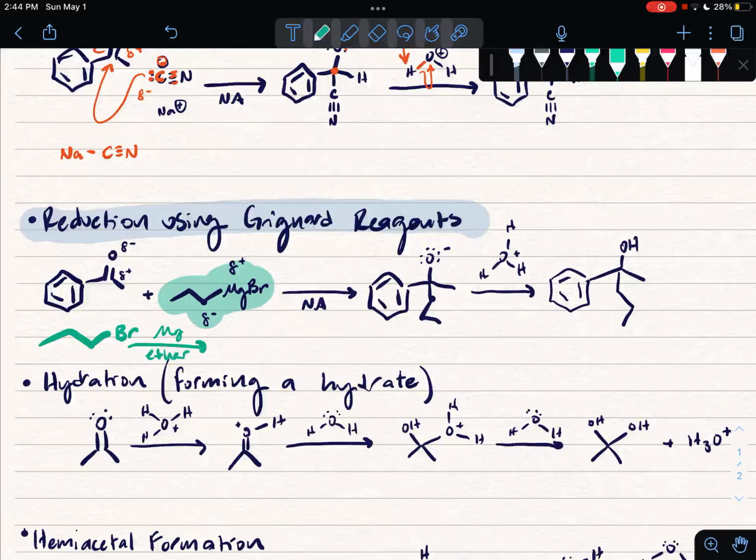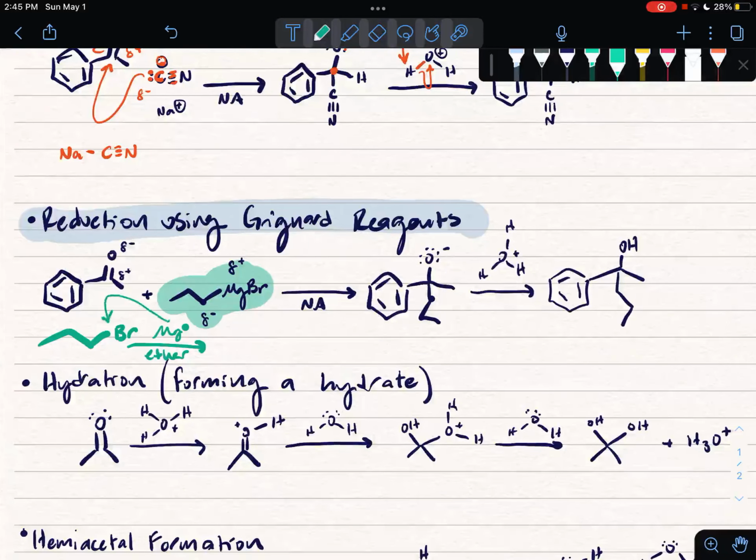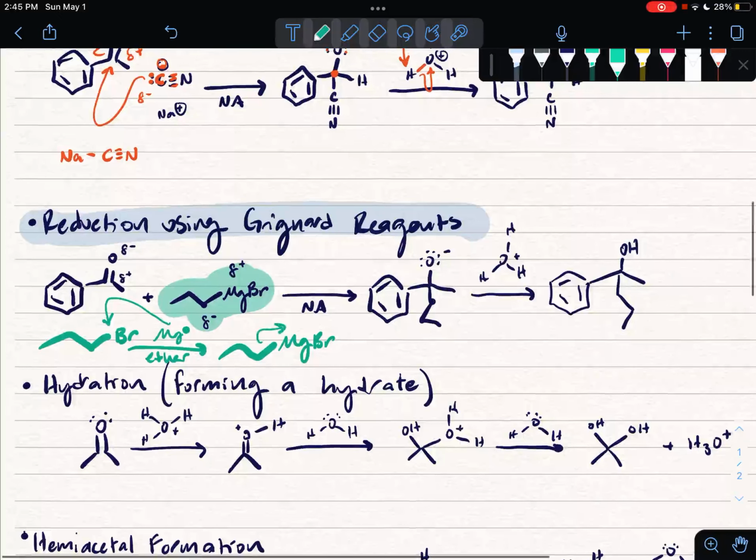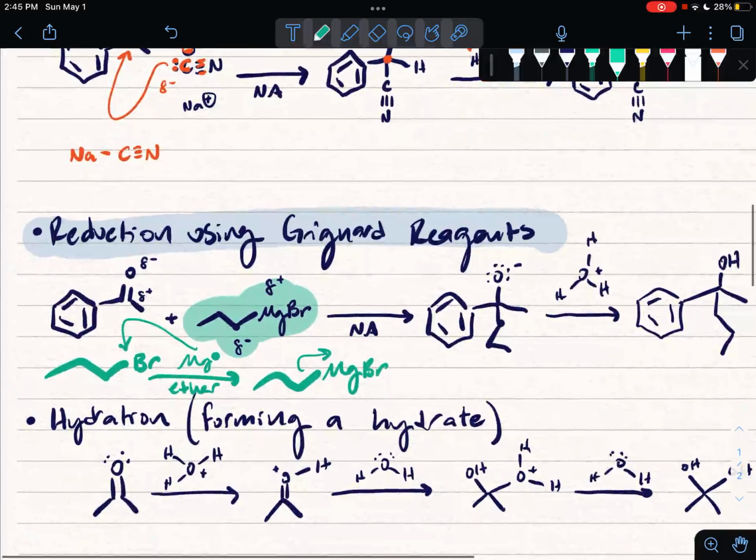So magnesium wants to attack an alkyl halide. It's really easy to attack the bromide because the bromide is a -1 charge. Magnesium's typically a +1 charge. But essentially the magnesium sandwiches itself in between the carbon and the bromine. It forms this. And then the magnesium bromide becomes a super good leaving group. So we have that, and now we have our Grignard reagent.